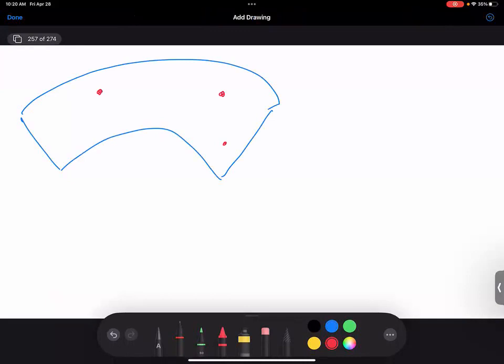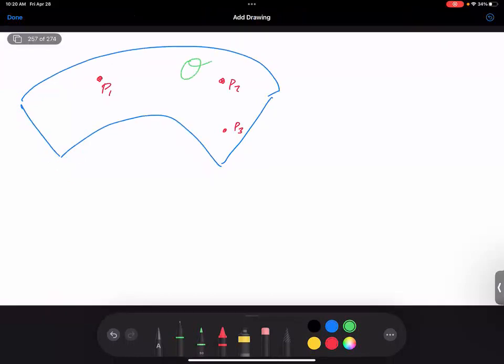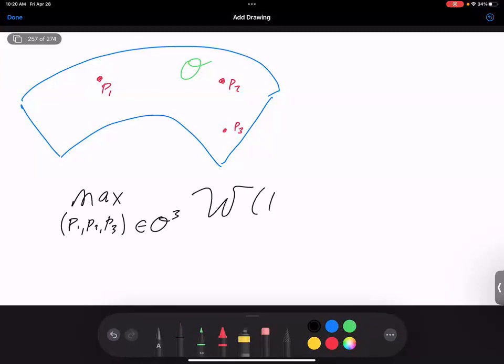So, it'll be P1, P2, P3, and we'll call this O for the outfield. And so what I might want to do is maximize over all triples P1, P2, P3 in O cubed my win probability with that configuration.